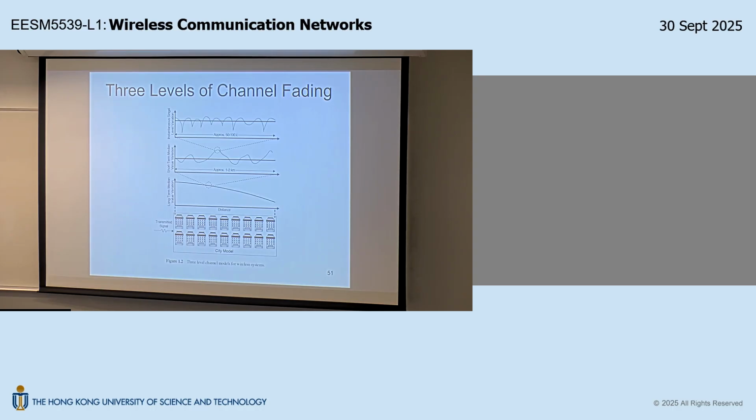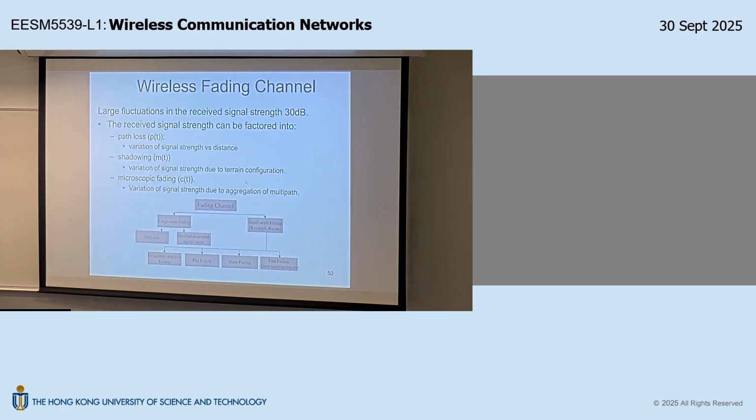Therefore, you will experience constructive superposition and destructive superposition alternately, on the order of lambda. So this is a fast time scale process. Is that okay? So these are the three processes that will contribute to the variations of receive power in a mobile phone as you walk around.